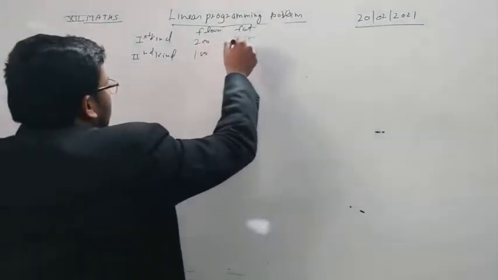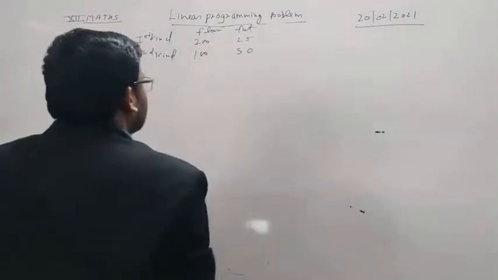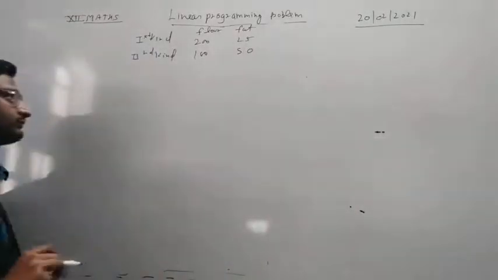Now the question says: find the maximum number of cakes which can be made from 5 kg of flour and 1 kg of fat.